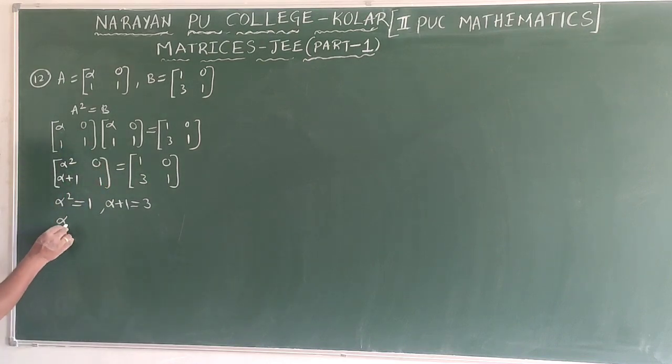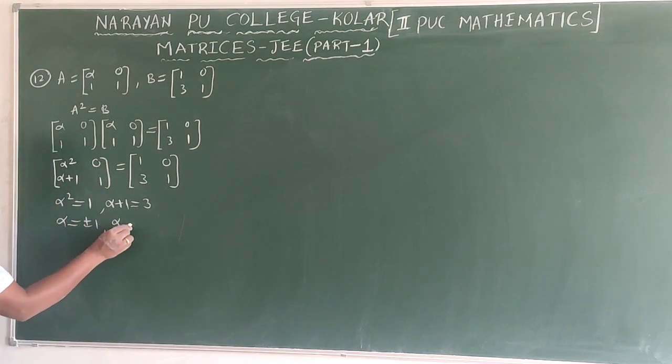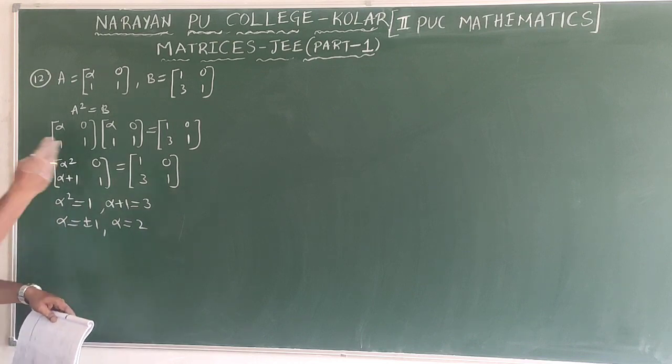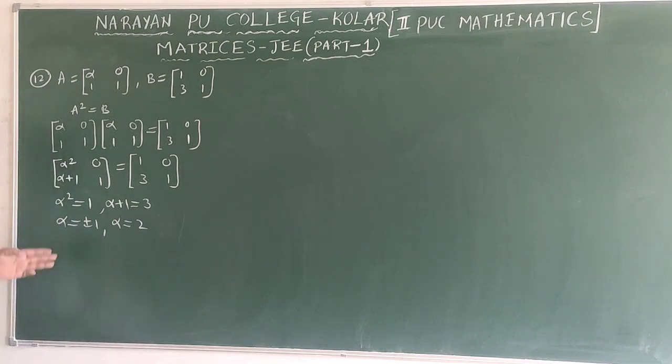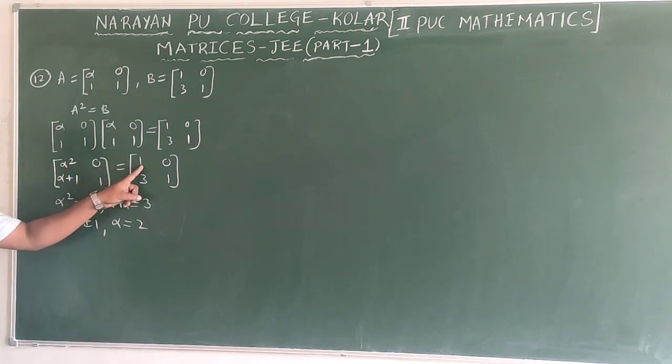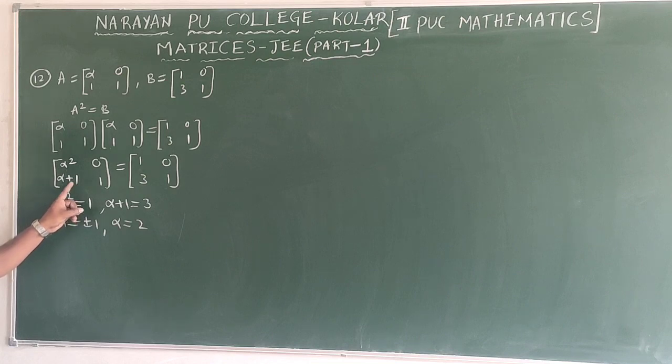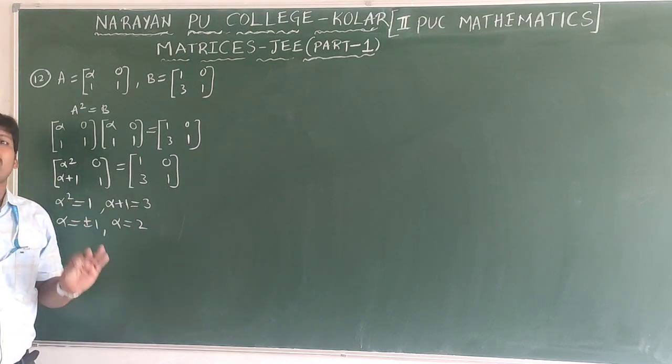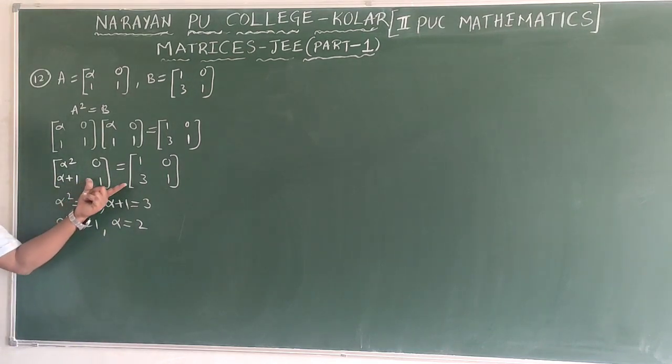So here, if you take alpha as plus or minus 1, alpha will get 2 by taking one right side. Clearly a total of 3 values are there. If you take 1, check once, the first value satisfies. 1 plus 1 is 2, and 2 is not equal to 3. When equal matrices are possible, each and every corresponding element must be equal; then only matrices are equal.